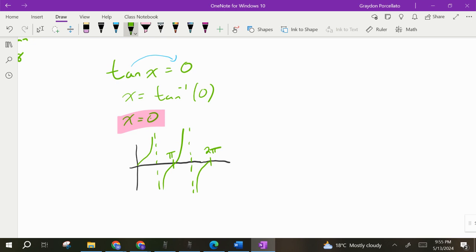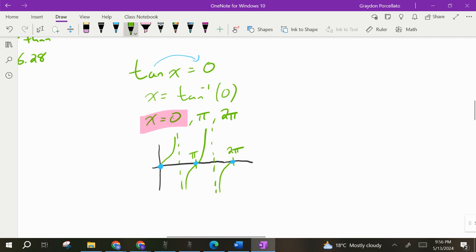If I'm looking for when tan is 0, I can see pretty clearly from the graph that tan is 0 right here, and right here. So I know those solutions are 0, pi, and 2 pi. Knowing the graph allows me to come up with those solutions. So those are my first ones: 0, pi, and 2 pi.